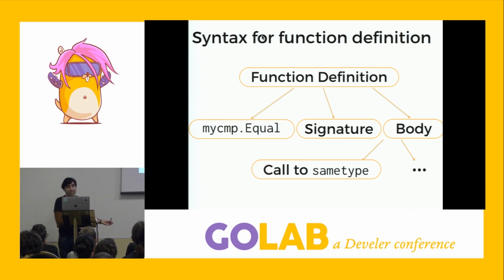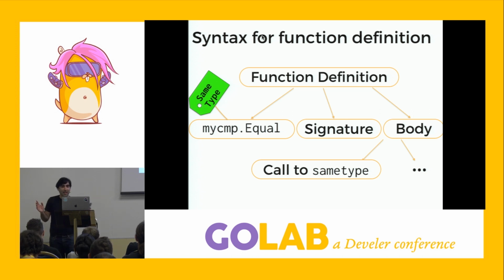It has the name of the function, a signature, and the body, and the body in turn contains this call to same type and a bunch of other stuff that we're just going to ignore. When we see that we're looking at the definition of a function that contains a call to same type, we put this little tag on it. We're going to say, this is a function that has the same type annotation on it, and this is what a fact is.